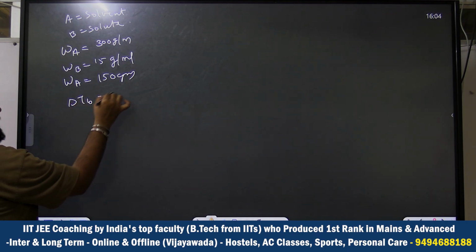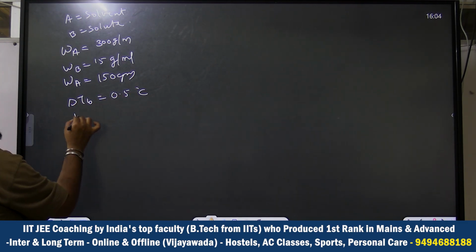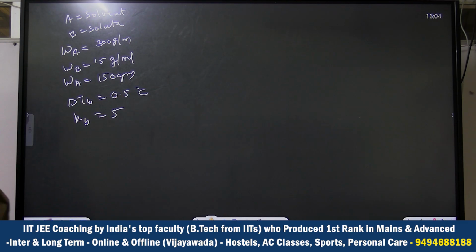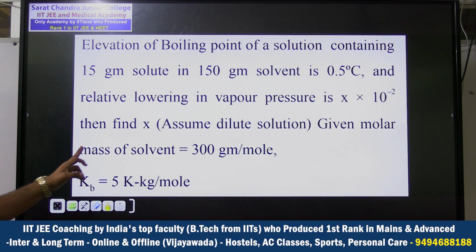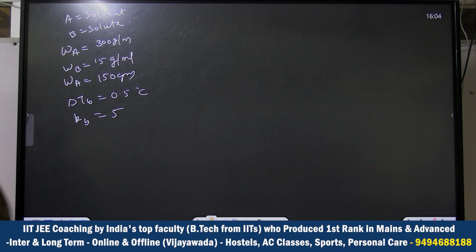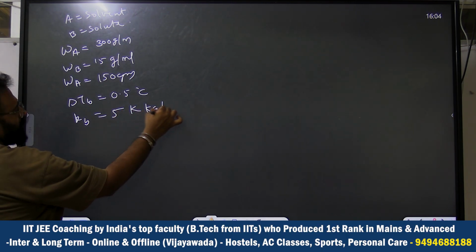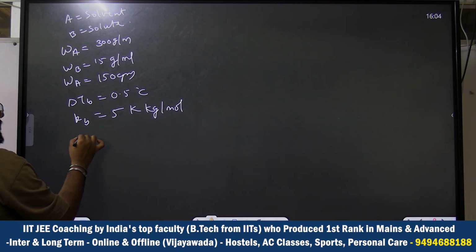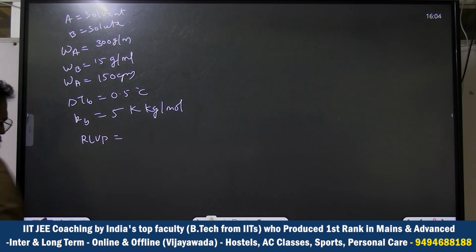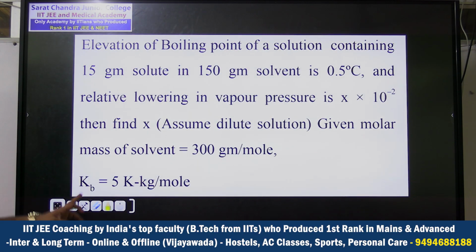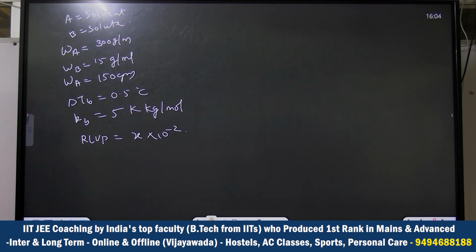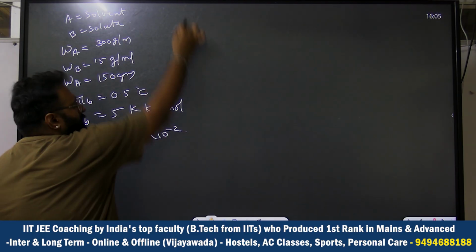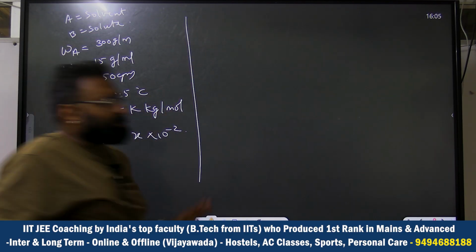Delta TB we have 0.5 degrees Celsius. Kb we have 5 Kelvin kg per mole. And RLVP is X into 10 to the power minus 2. So we need to find this value of X. This is given in the question. Let us solve this question.